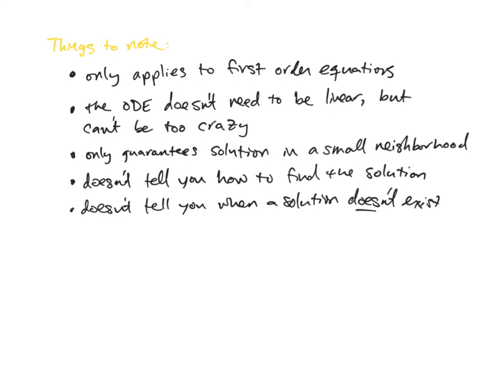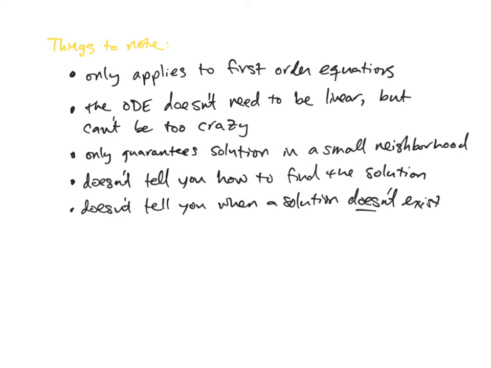What's nice about this theorem is that the ODE doesn't have to be linear, but that condition on f and df dy being continuous says that the ODE can't get too crazy.